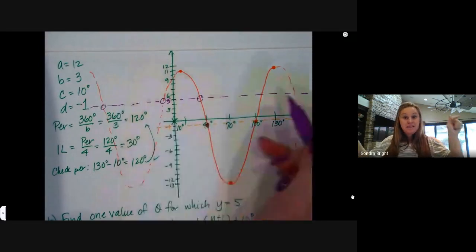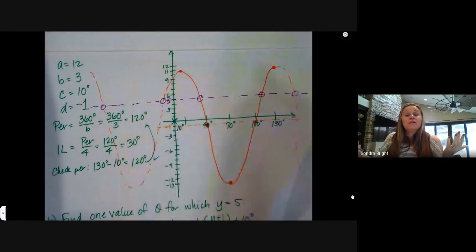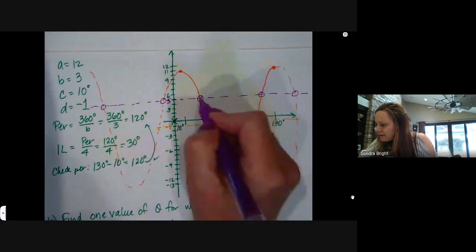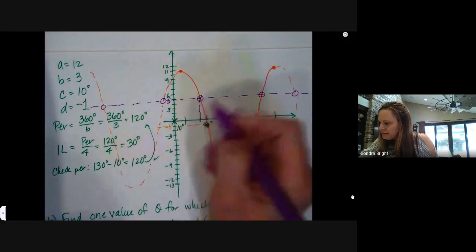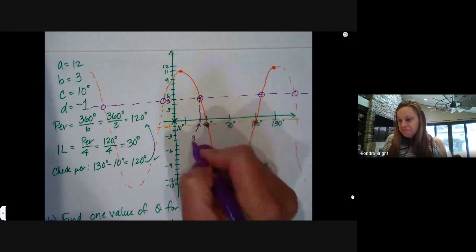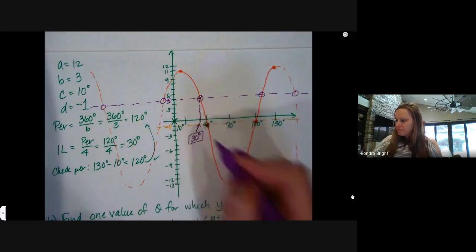And if you go straight down from the point on the graph where y is 5, is it reasonable that right here is 30 degrees? Sure enough, it seems reasonable to me. So we found it algebraically, but we confirmed it with the graph.